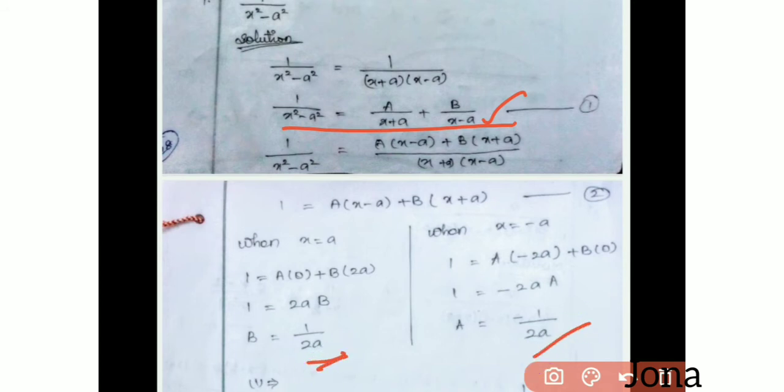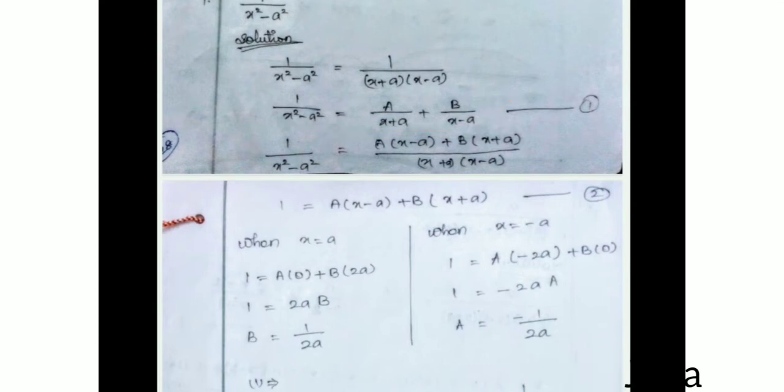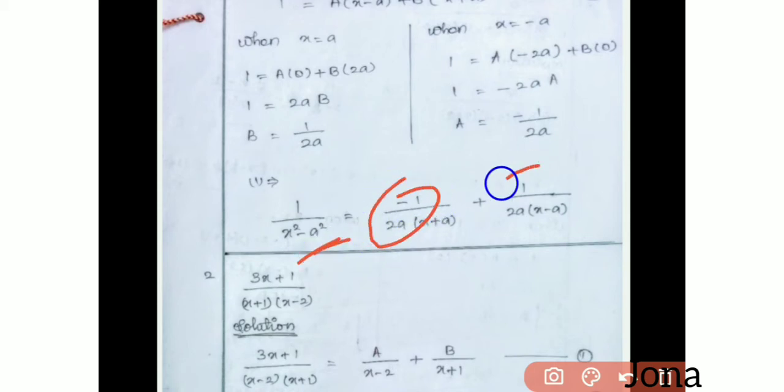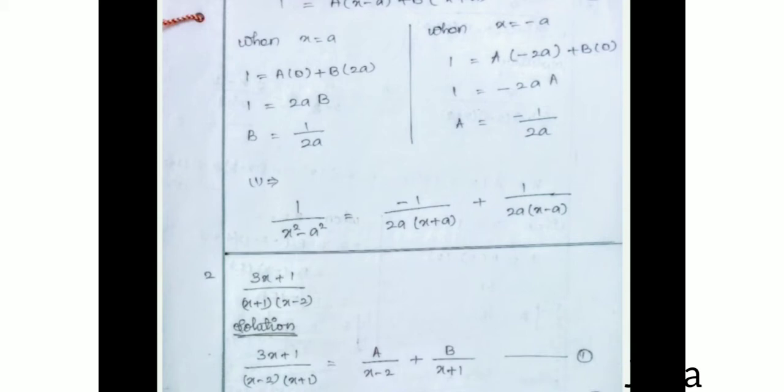Instead of B, I substitute 1 by 2a. So that I get the answer like this: 1 by x square minus a square equal to, instead of A I put this value, instead of B I put this value. So this is the required answer. We'll move on to the next problem.